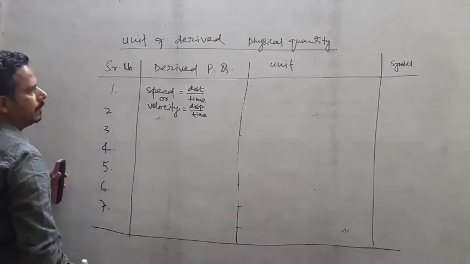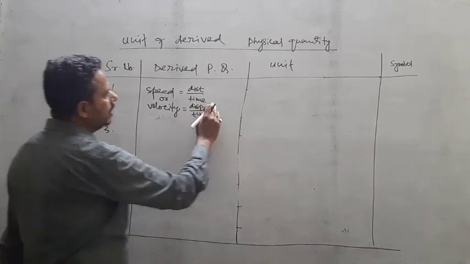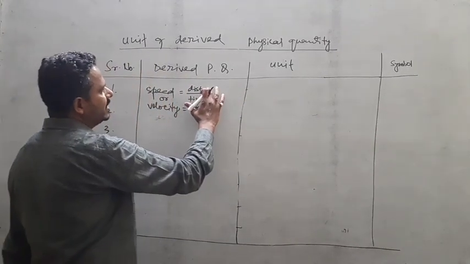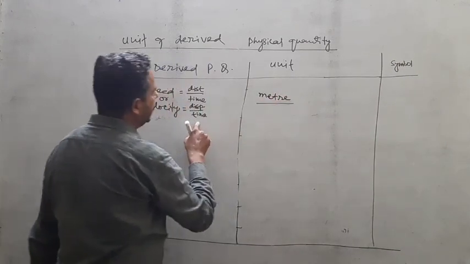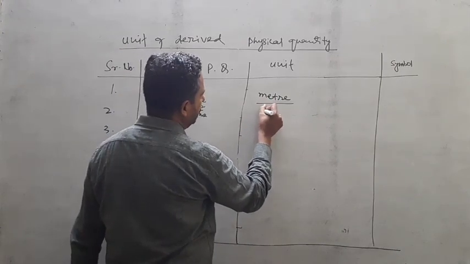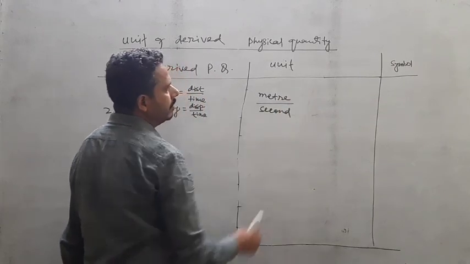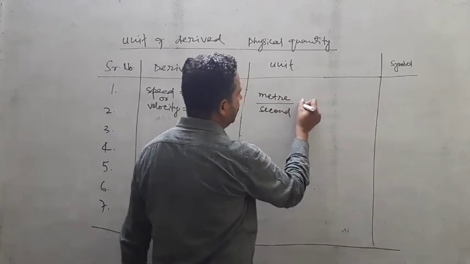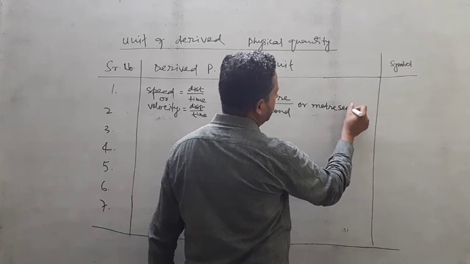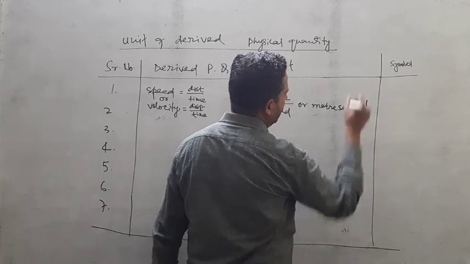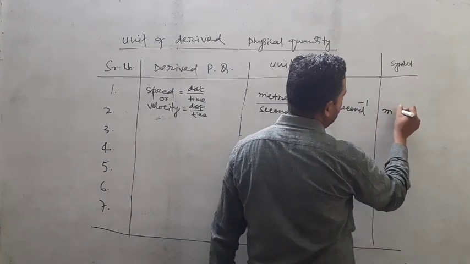So for speed or velocity, the unit of distance is meter, divided by time. Time is measured in second. So this is written as meter per second, second having power 1. Now in symbol, this is written as meter per second.